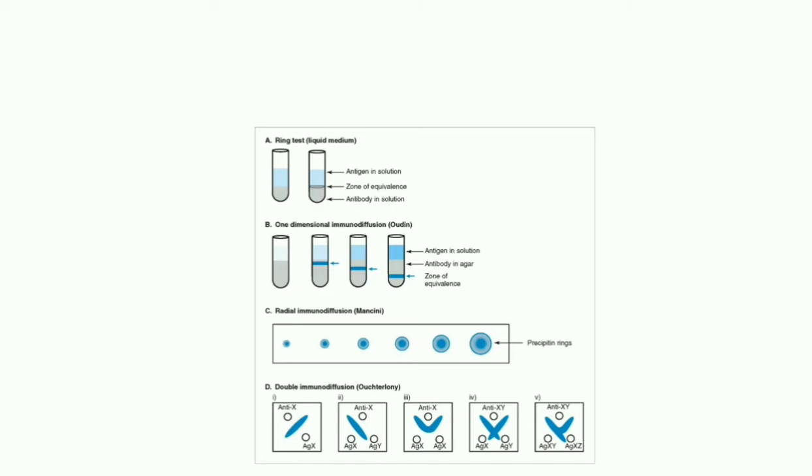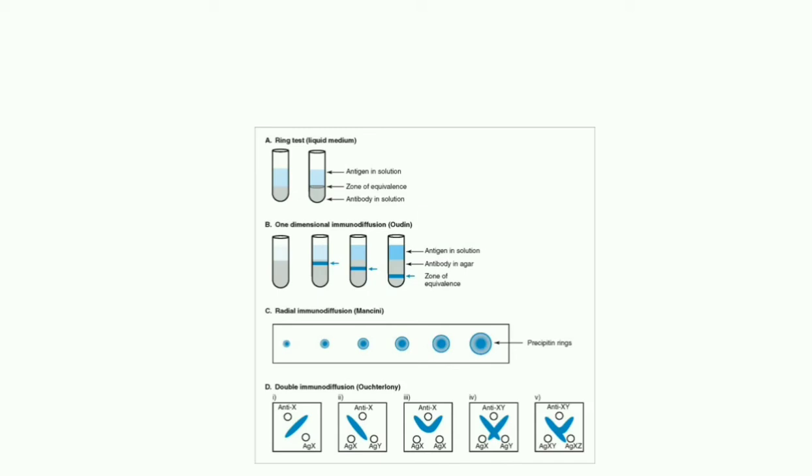So what actually happens? Definitely, since the antibody is there and surrounding it you have antigen wells, there will be precipitation bands.